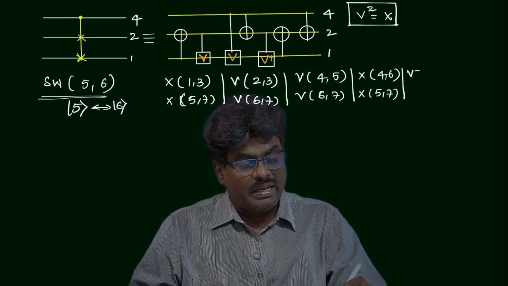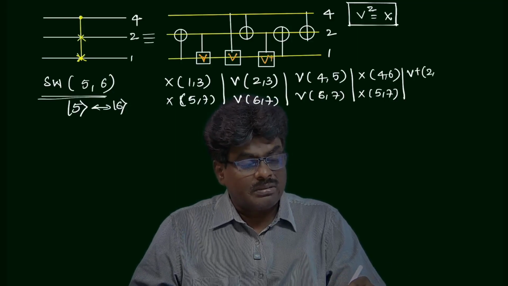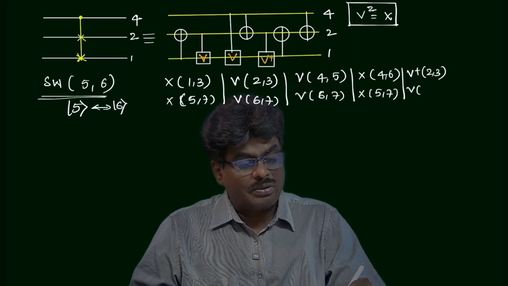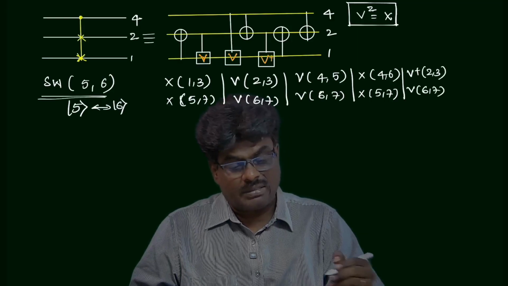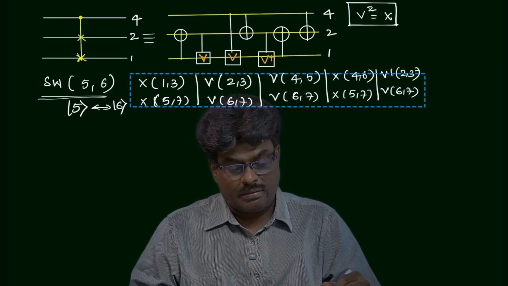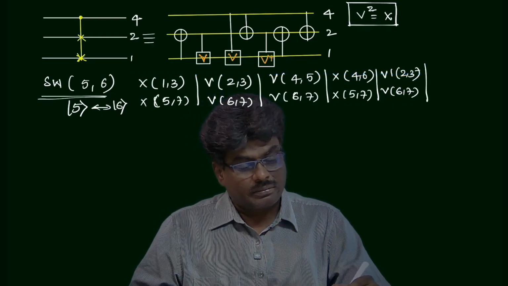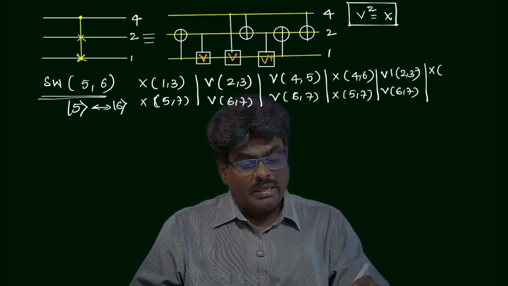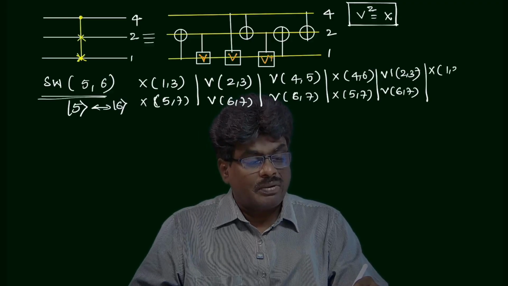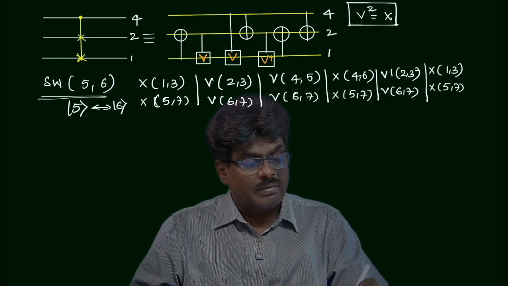Next again V dagger. Okay, so V dagger is there. This is from 2 to 1, that's why 2 comma 3. You have to add 4, 6 comma 7. Let me take this side. Right. Next one. Again C not 1 to 2, that's why 1 comma 3, and you have to add 4 or 5 comma 7.